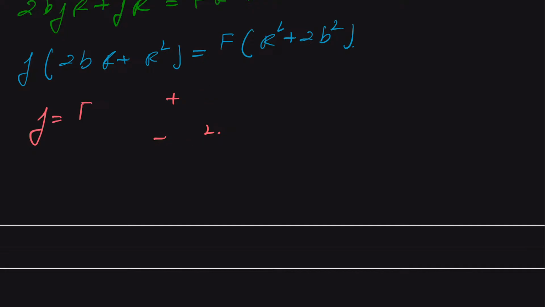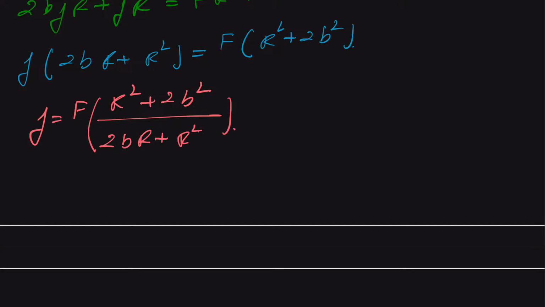So we get this as our F, the numerator will be our R square plus 2B square, and the denominator will be 2BR plus R square. Similarly, for our maximum friction, we can substitute this f by mu mg, so we get mu mg is equal to F, and from the denominator we can take R as common, but that is not required. Okay, we can keep it as it is.